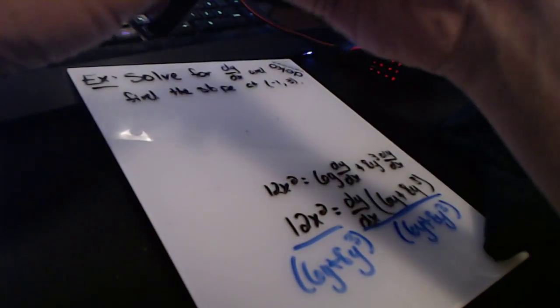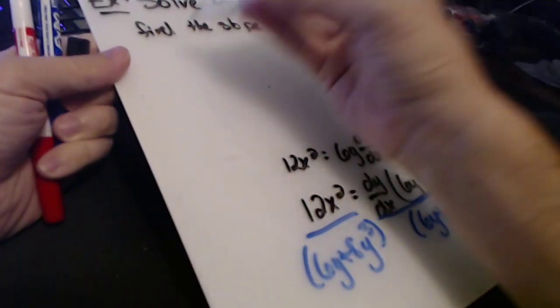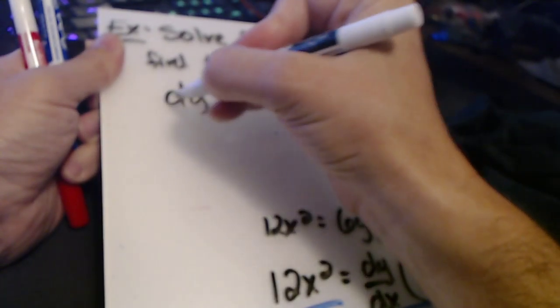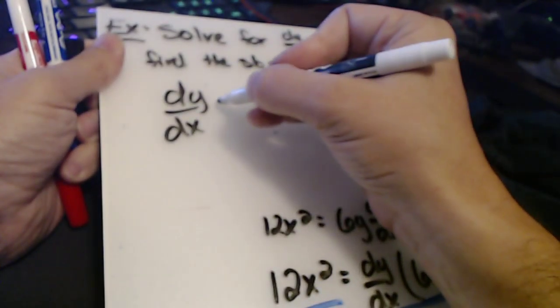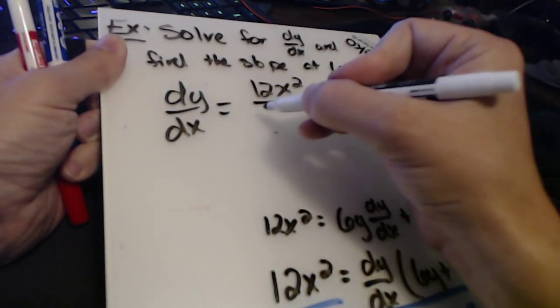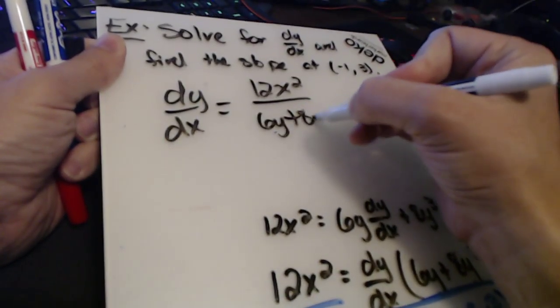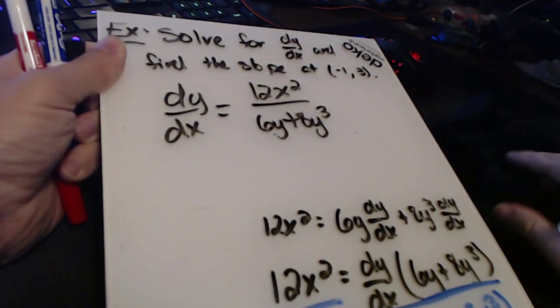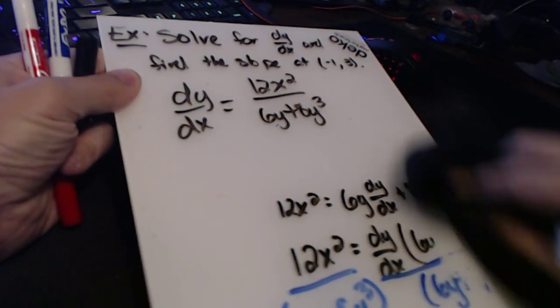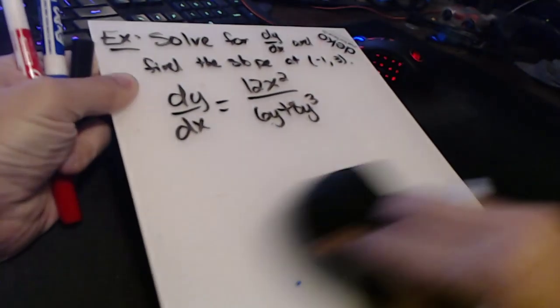Okay, so we found out that dy over dx is equal to 12x squared over 6y plus 8y cubed. Okay, so that's what we found out. At that point, you did everything that we did before.